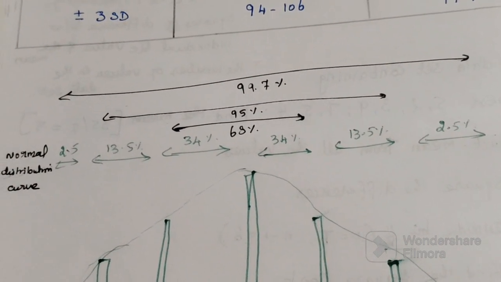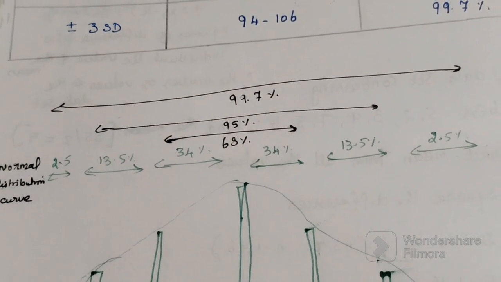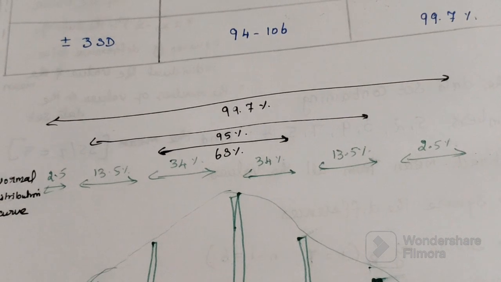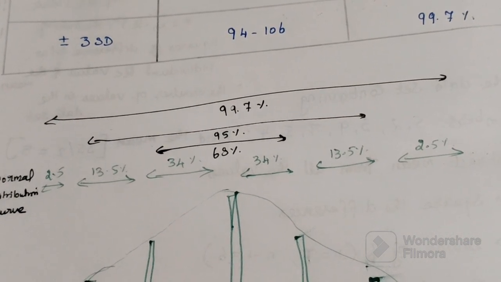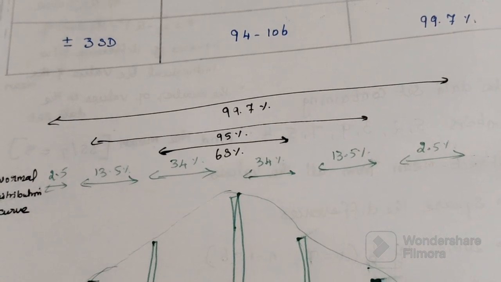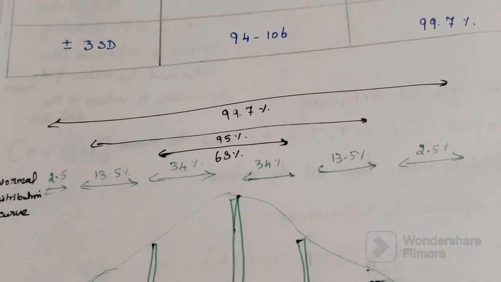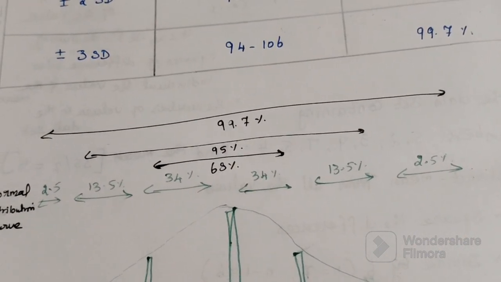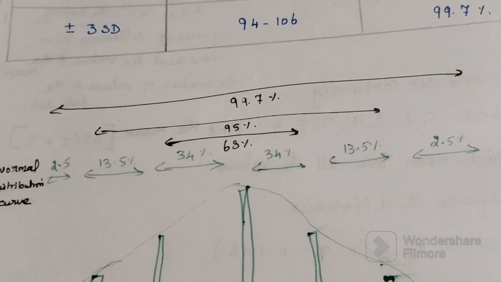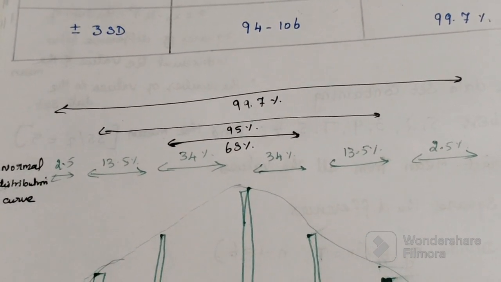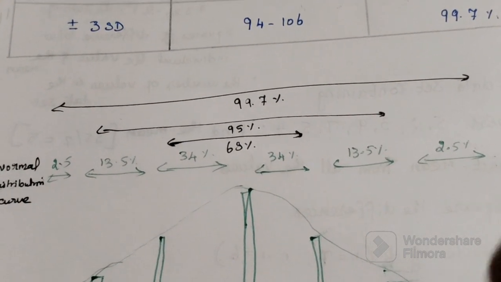So we can say that if the analytical system is stable, 68 percent of our values will be within 1 standard deviation, 95 percent of values within plus or minus 2 standard deviations, then 99.7 percent of values within 3 standard deviations.